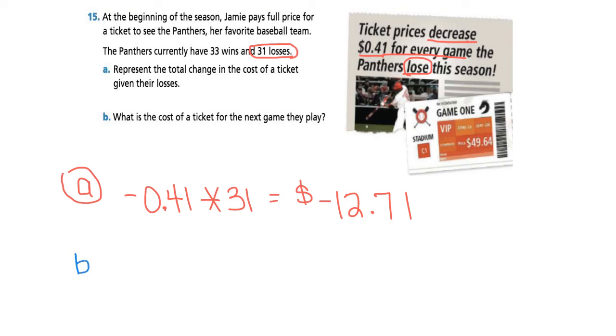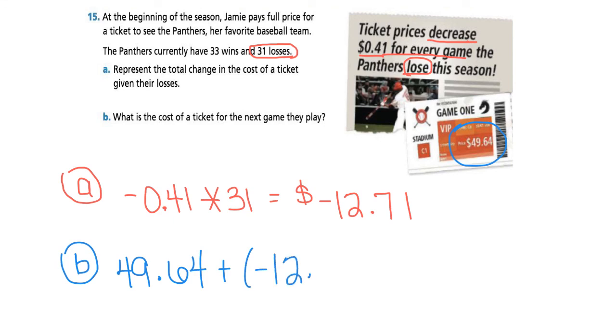Part B, what is the cost of a ticket for the next game they play? Let's apply the change. If we look here on the ticket stub, the original game price was $49.64. And we need to decrease it, so negative $12.71.